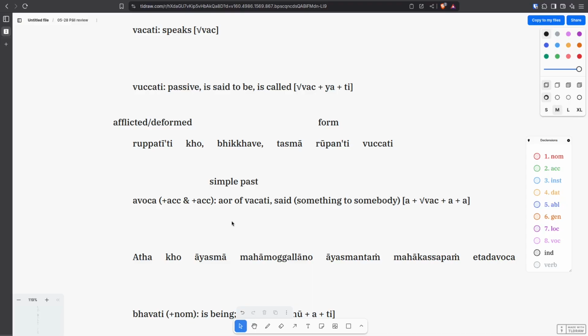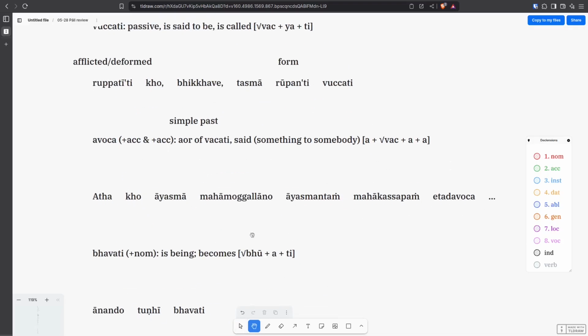That's just the name of the verb tense. So avocha comes up in this form, etadavocha, very often. This was said, where you have etang avocha from vachati, and the sandhi, the way the syllables combine there, is to become etadavocha.